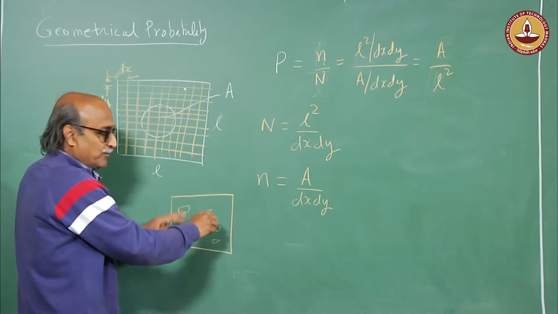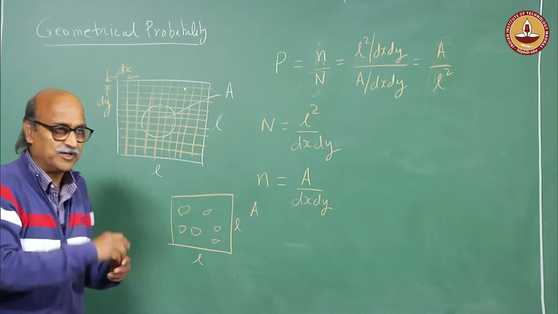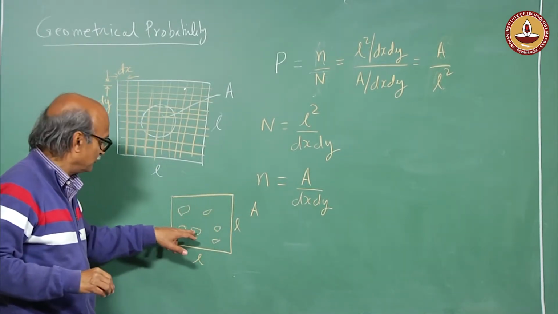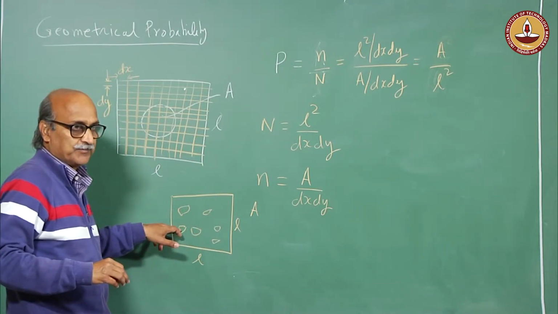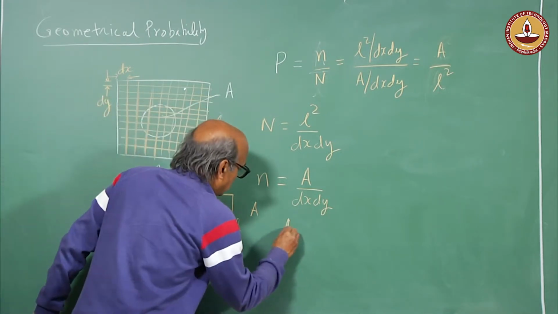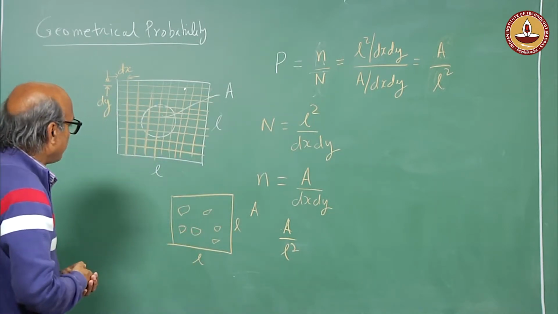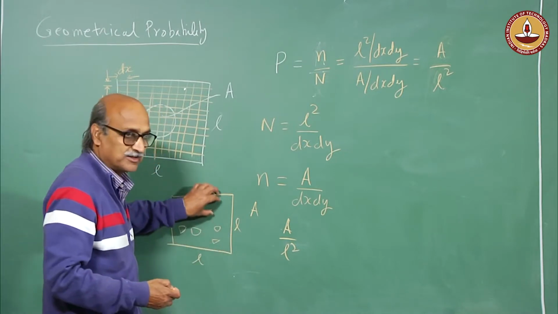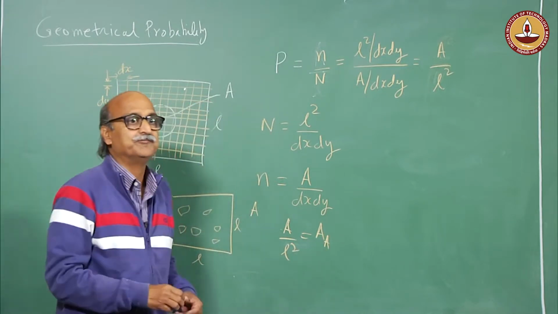Total area of those elements, let us say, was A, and the space was still the same L by L, then what is the probability of a point hitting any one of these elements, any one of these objects? It would be the total area of these objects, A divided by L square, the same. And what is this A upon L square? If I look at this as particles, let us say, this is nothing but area fraction.